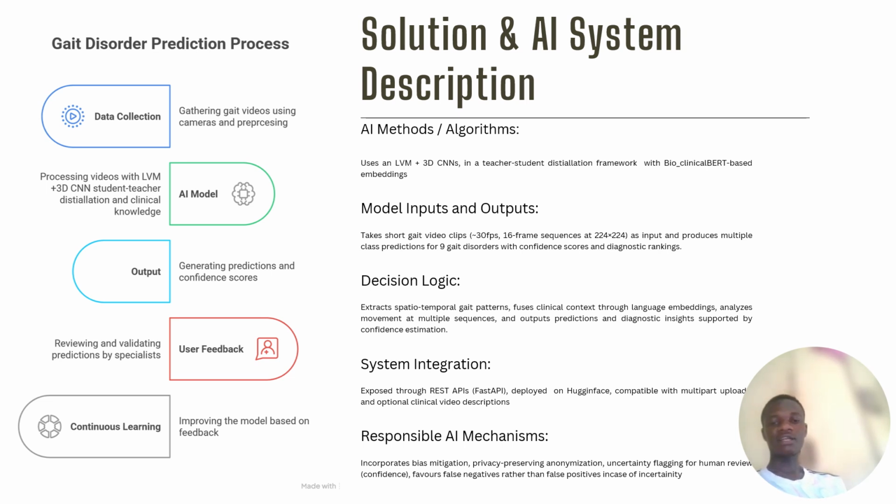The front end and mobile apps needed to communicate with the backend deployed on Hugging Face. While doing all this, we maintain principles and standards, encouraging privacy preservation through anonymization, uncertainty flagging for human review, and favoring false positives over false negatives in case of uncertainty.